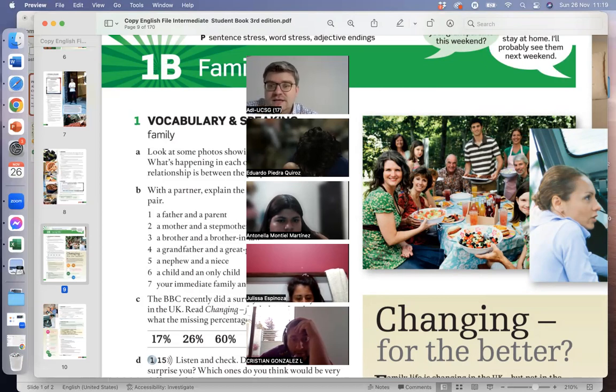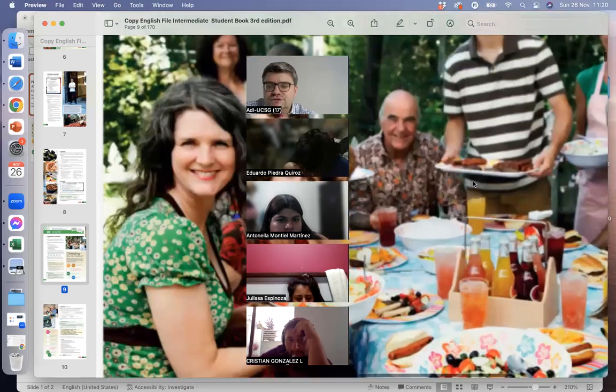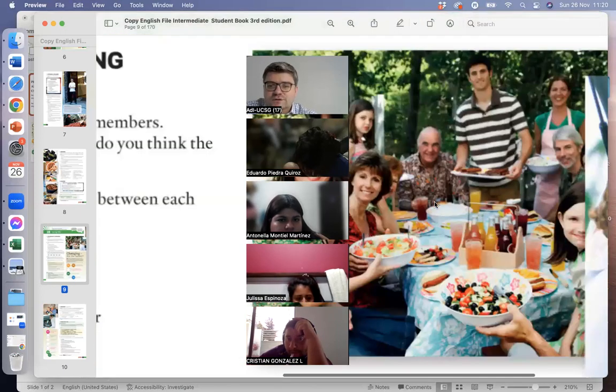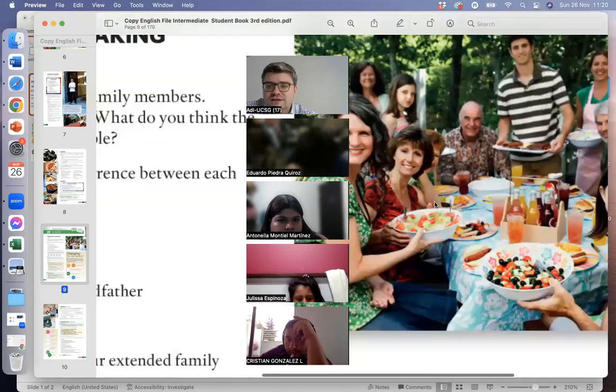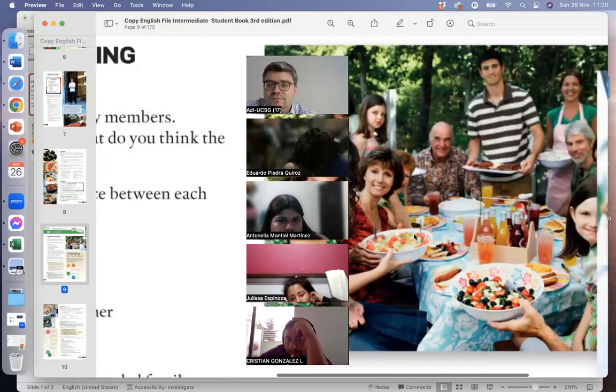So I can see a big family gathering in the forest. They're eating different types of food. They eat salad, two different types of salad. I can see that the man is there holding sausages or something. They're also having some drinks. All of them look very happy. This seems to be a big family, okay? Because we have a lot of different members.